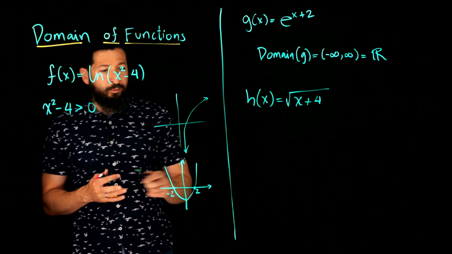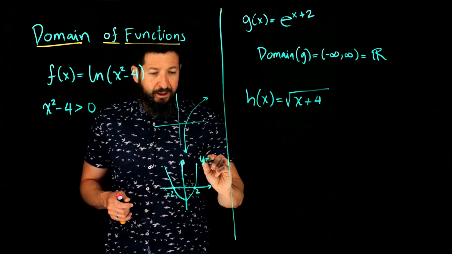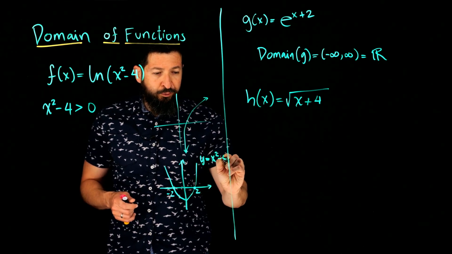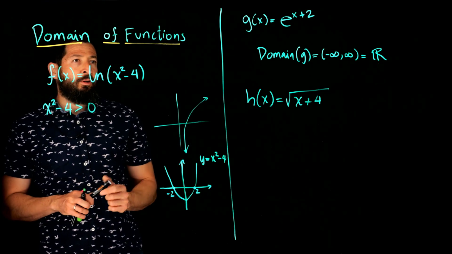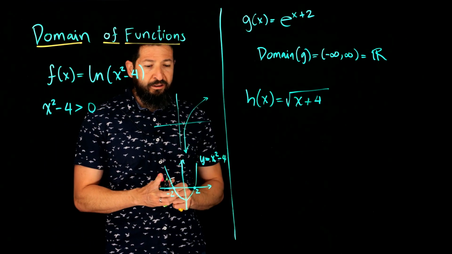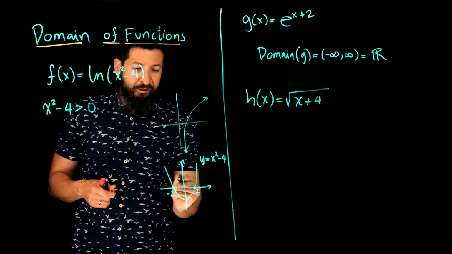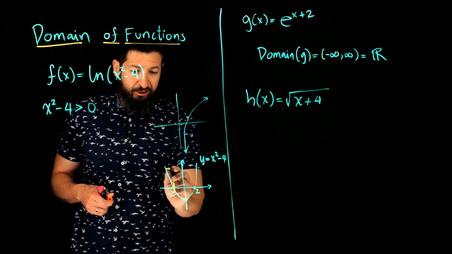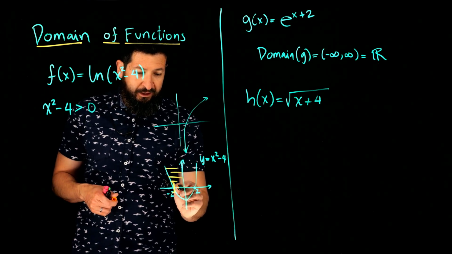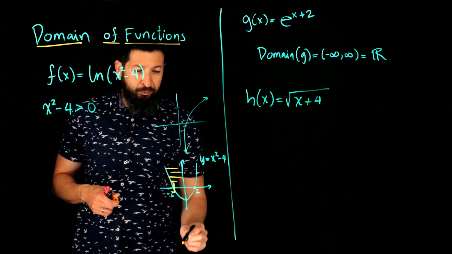So this is the graph of y equals x squared minus 4. So I want x squared minus 4, so in this case our y, to be positive. Well, where is the y positive? Well, it'd be to the left of negative 2, because you see the y's here are positive.